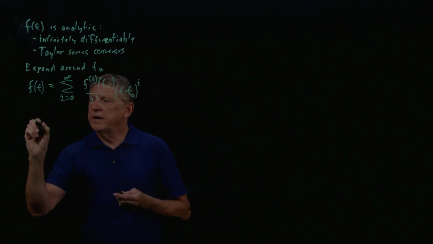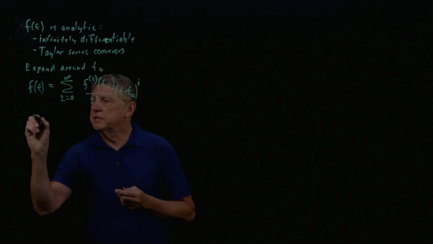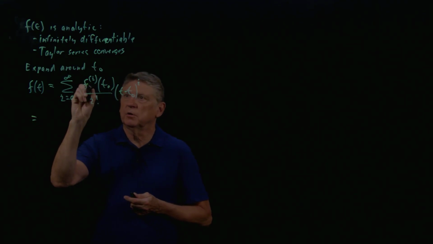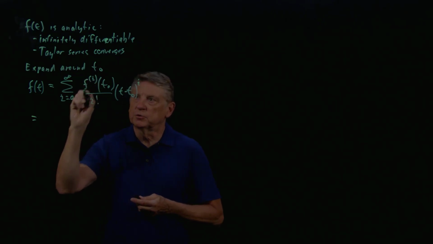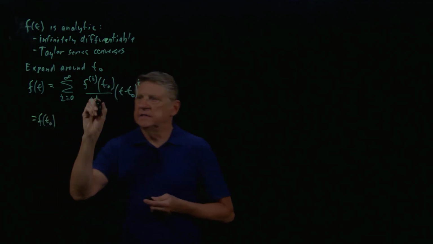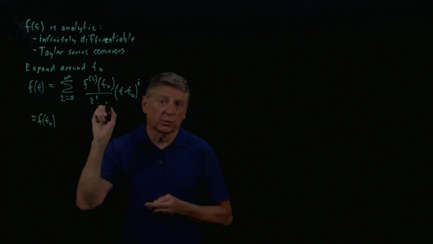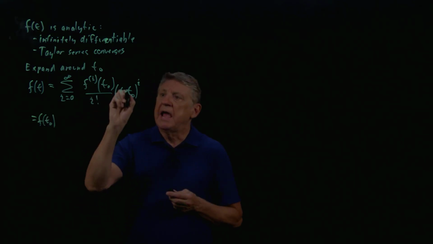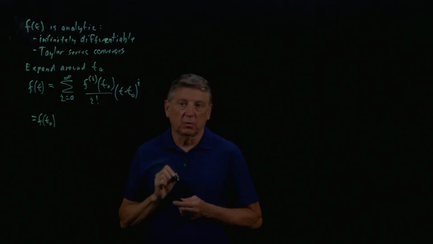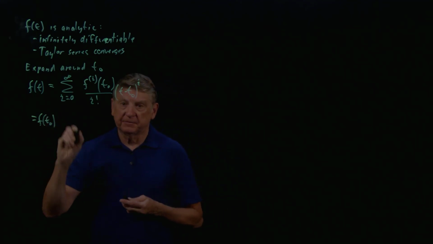Another way that we can write that, so this is the compact series expression, we could also write that in terms. For i equals 0, the zeroth derivative of the function is the function, and 0 factorial is by definition 1, and any number to the power 0 is 1. So that is just f of t0.